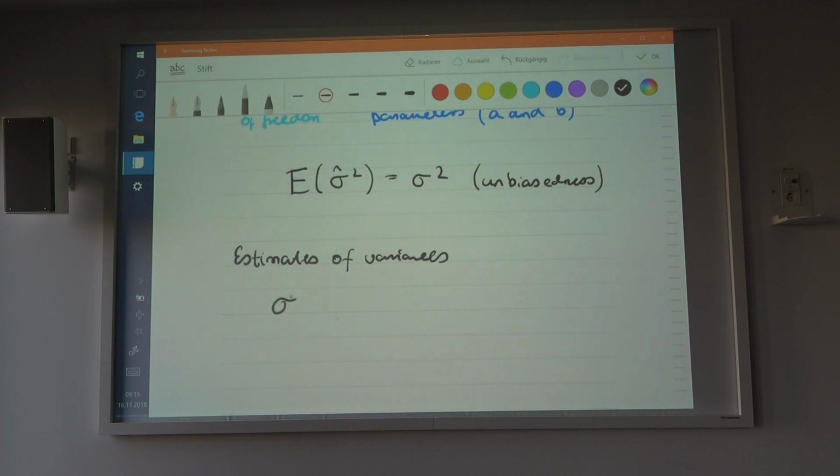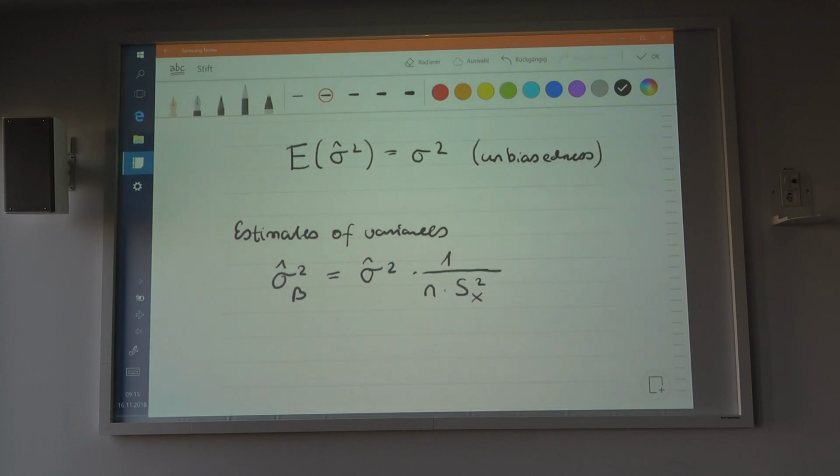The estimator for the variance of the coefficient b is going to be equal to the variance estimator of the error term, times 1 over n times the variance of x, the explanatory variable. So this is the estimate of the variance of the slope. Sorry, this is b, not beta. This is b.